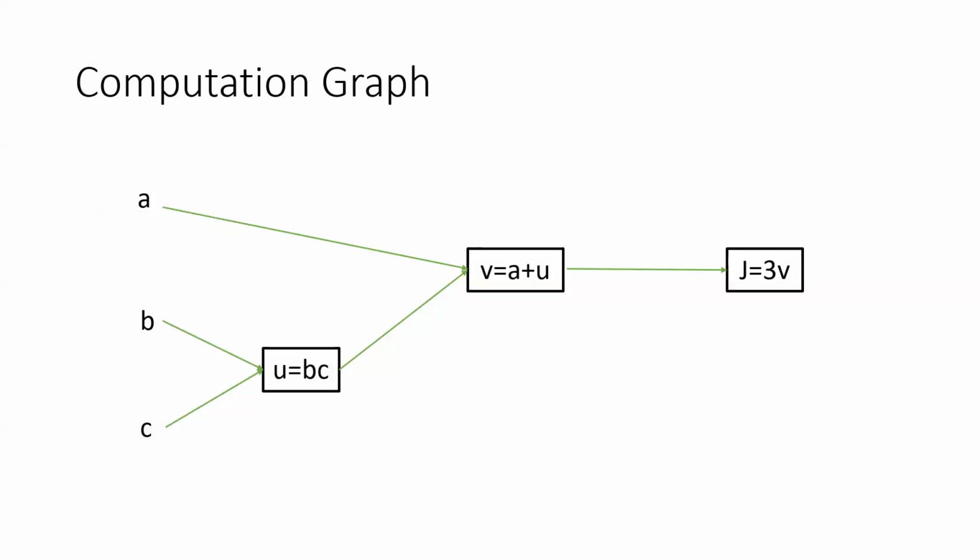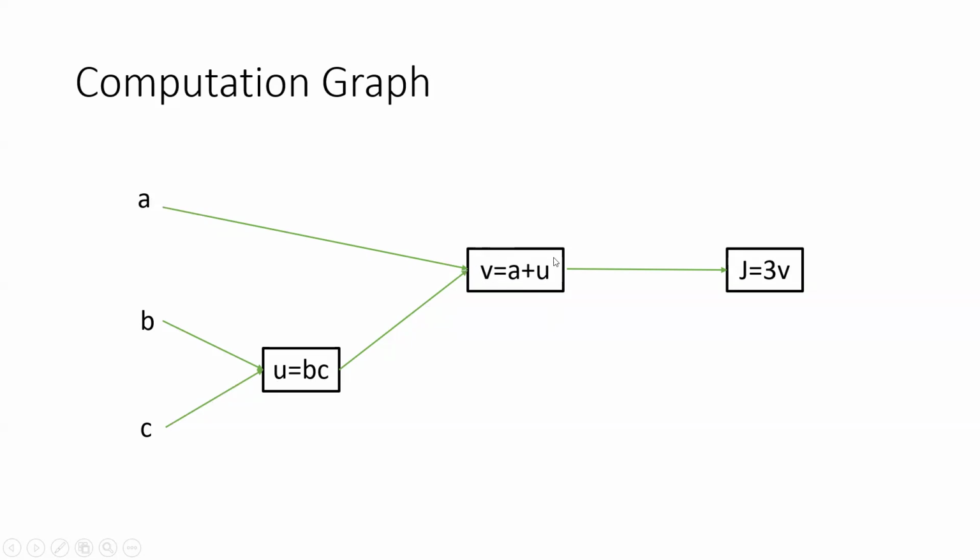We take the initial variables from the left side: a, b, c. We multiply b and c, and we get the u value. We add u to a, so we take the a variable and add it with the u variable, then we get the v variable.